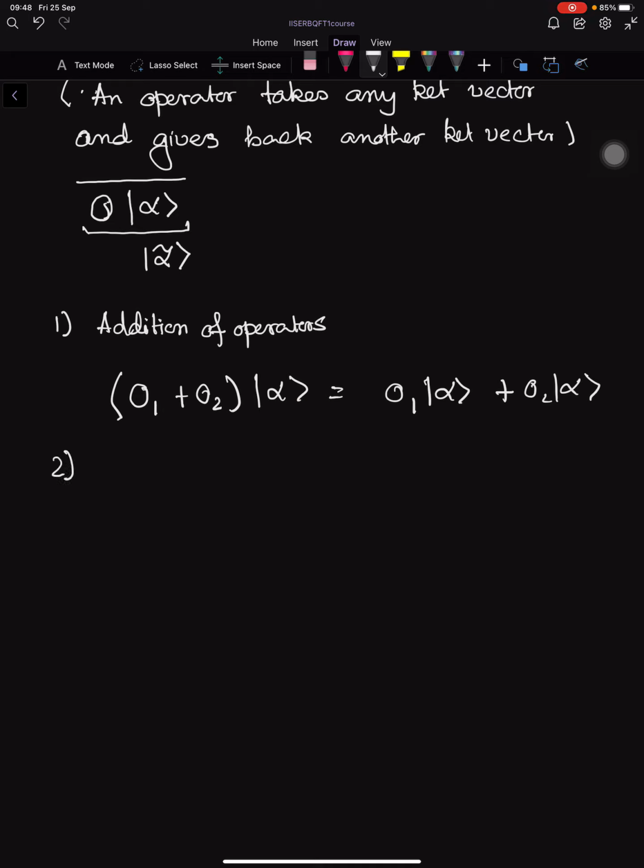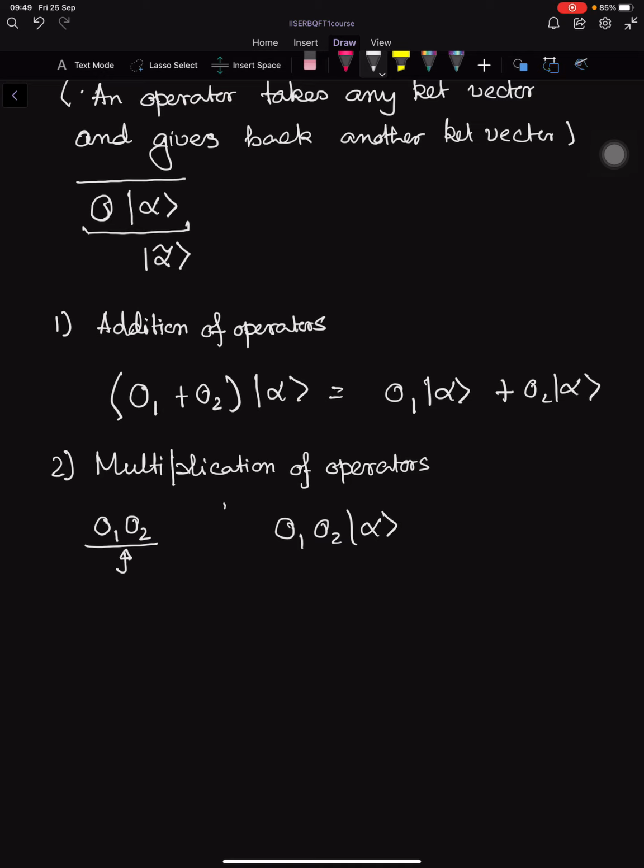Similarly, you have multiplication of operators. So let's say I have the product O1 O2. How to define its action? The way it's defined is that O1 O2 acting on alpha is simply the same as O1 acting on O2 alpha.